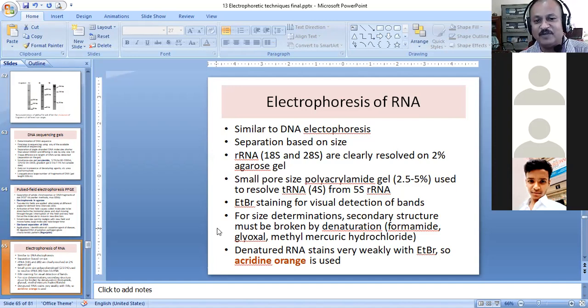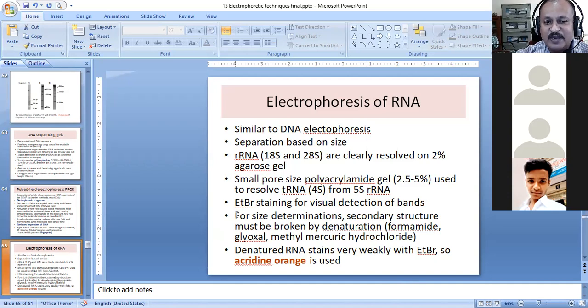Wonderful, wonderful. Okay, so because of these secondary structures of the RNA, doing electrophoresis of RNA is not a simple job. Okay, we have to break that secondary structure into a simple linear form, and therefore what we do is we use denaturing gel electrophoresis. Okay, again the denaturants here are formamide or formaldehyde, urea, glyoxal, or sometimes we use methyl mercuric hydrochloride.